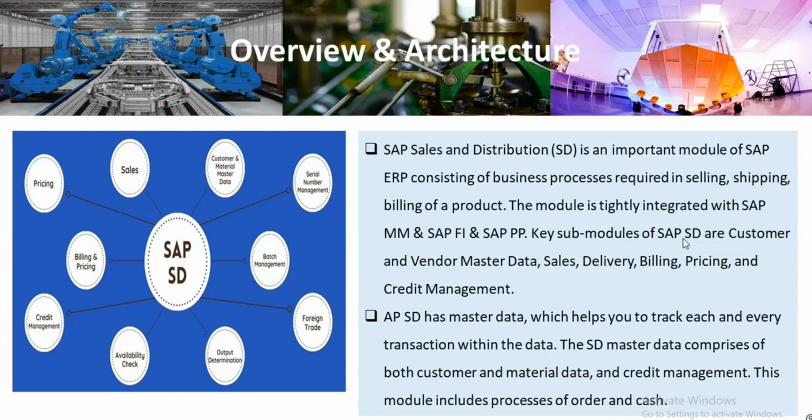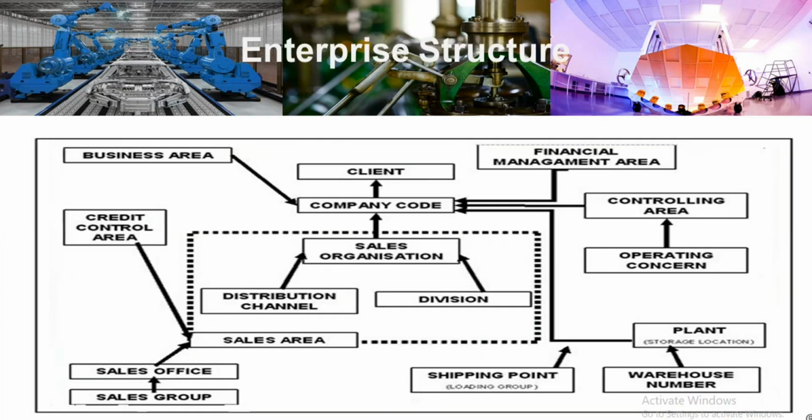In the next slide, this is the basic enterprise structure from the SD perspective. First will be the client, which means the company. Under that, we will come across the company code, and in that, we have a sales organization, distribution channel, and the division.